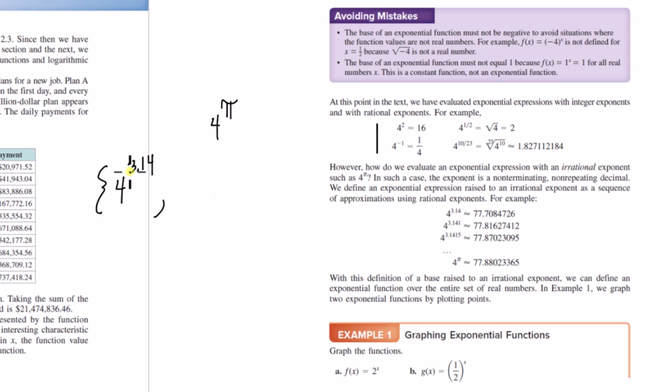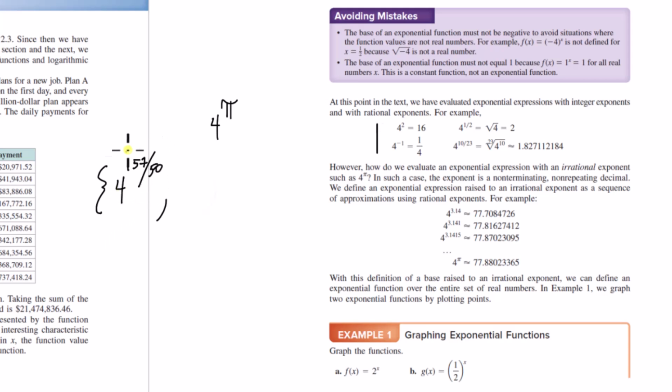We can write this as 314 over 100. We know what this means. This is 157 over 50. We know what this means. It's take 4 to the power 157 and then take the 50th root of that.